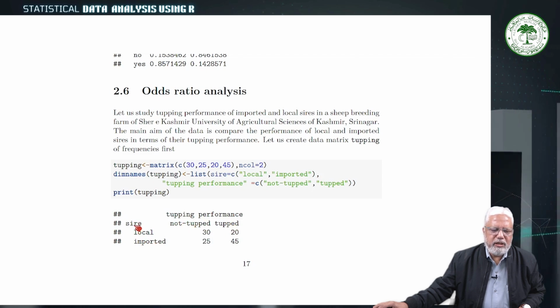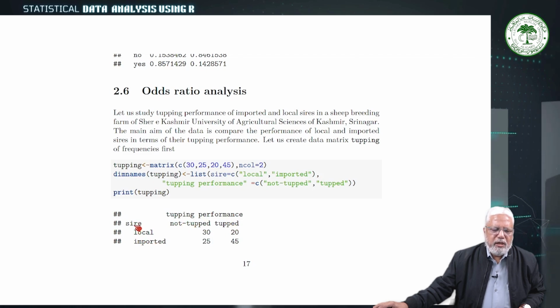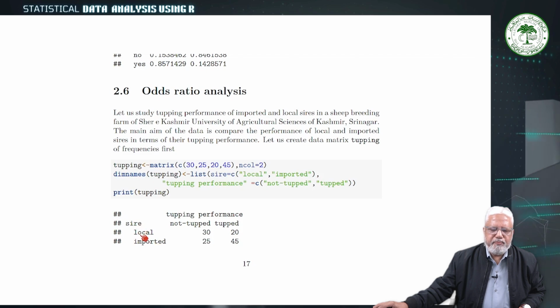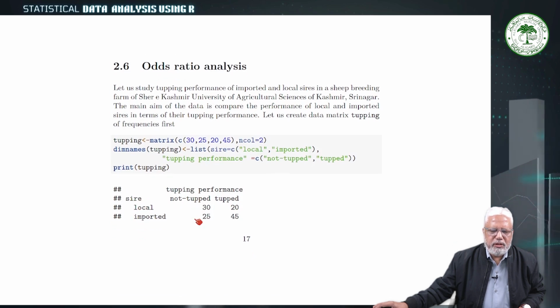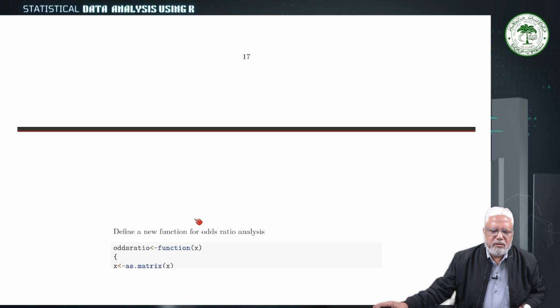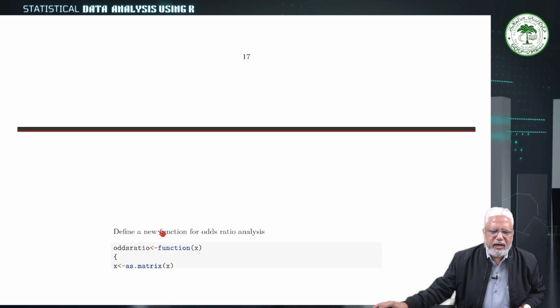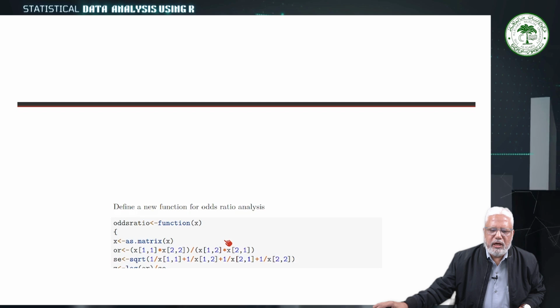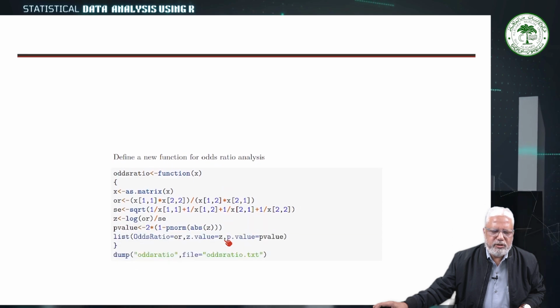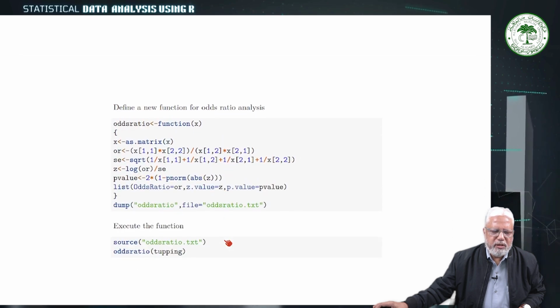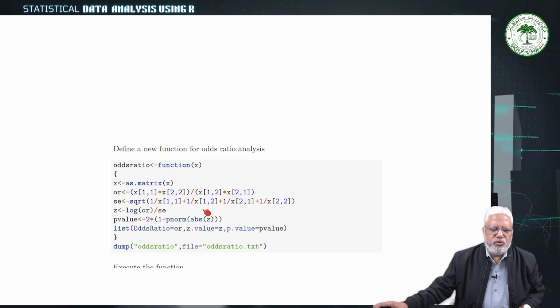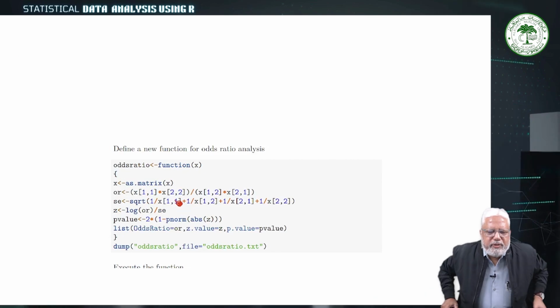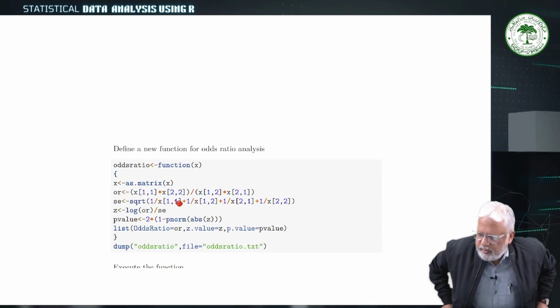Now the question is whether imported sires have a better performance as compared to local. So define a new function that is known as odds ratio analysis. Actually, this odds ratio we have defined like this.